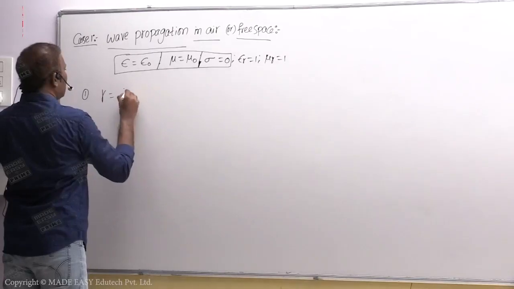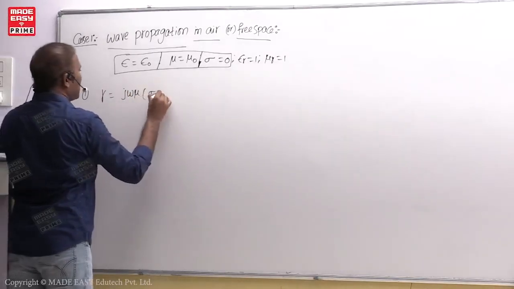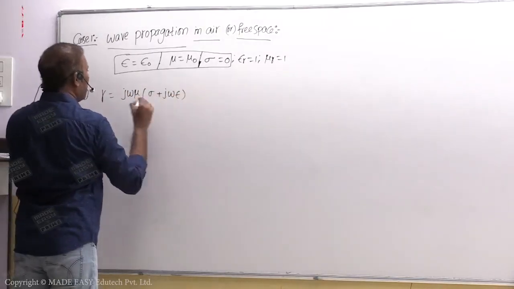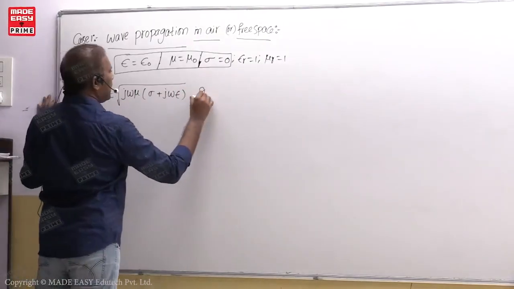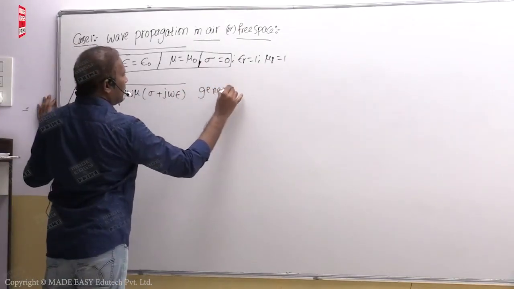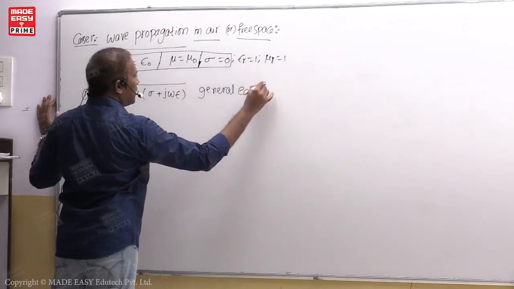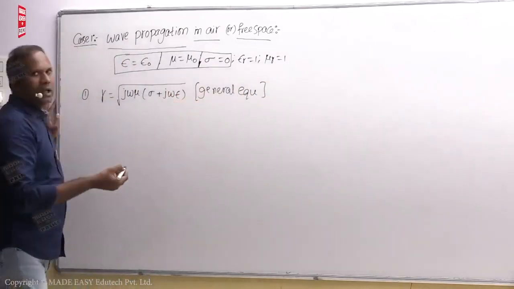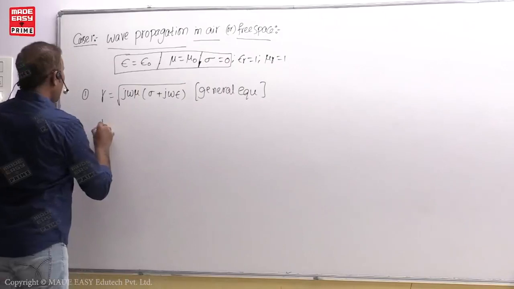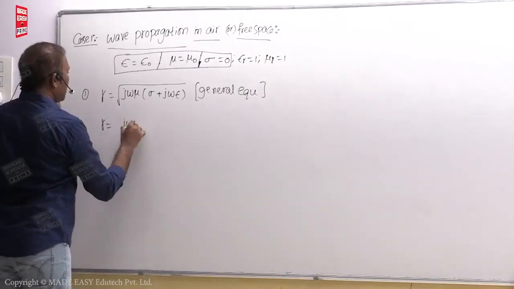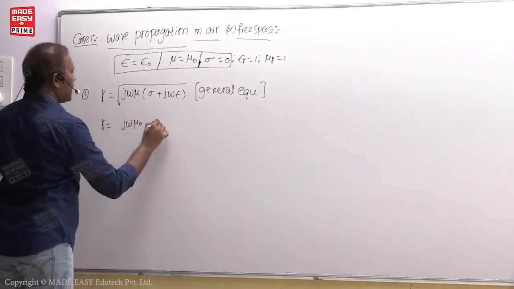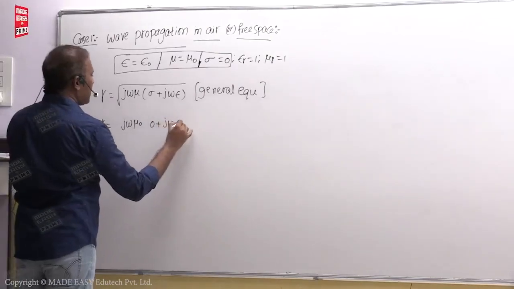gamma is equal to square root of j omega mu times (sigma plus j omega epsilon). This is a general equation, that means applicable for all mediums. Now for air medium, if you substitute, mu is equal to mu naught, sigma is 0, epsilon naught.